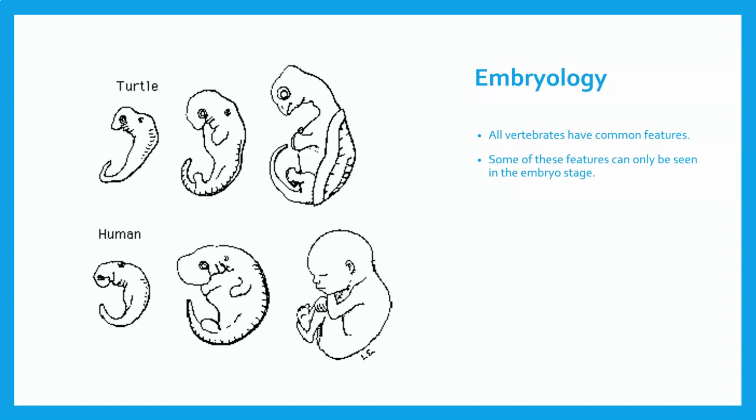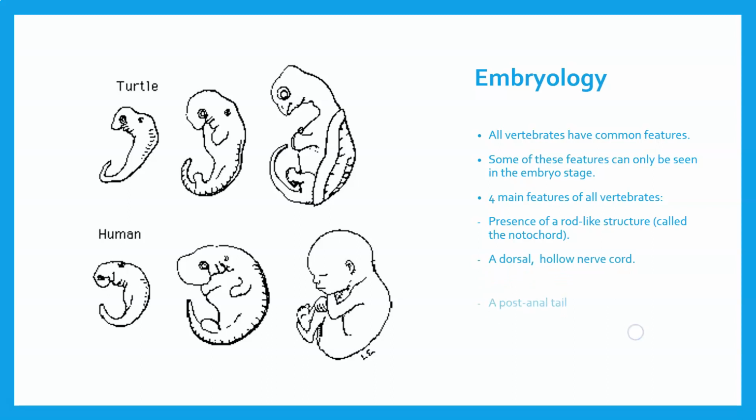So look at this, comparing a turtle to a human embryo. There are 4 main features of all vertebrates: the presence of a rod-like structure called the notochord, a dorsal hollow nerve cord, a postanal tail, and pharyngeal pouches or slits, which can turn into gills. For us they don't, but they can.